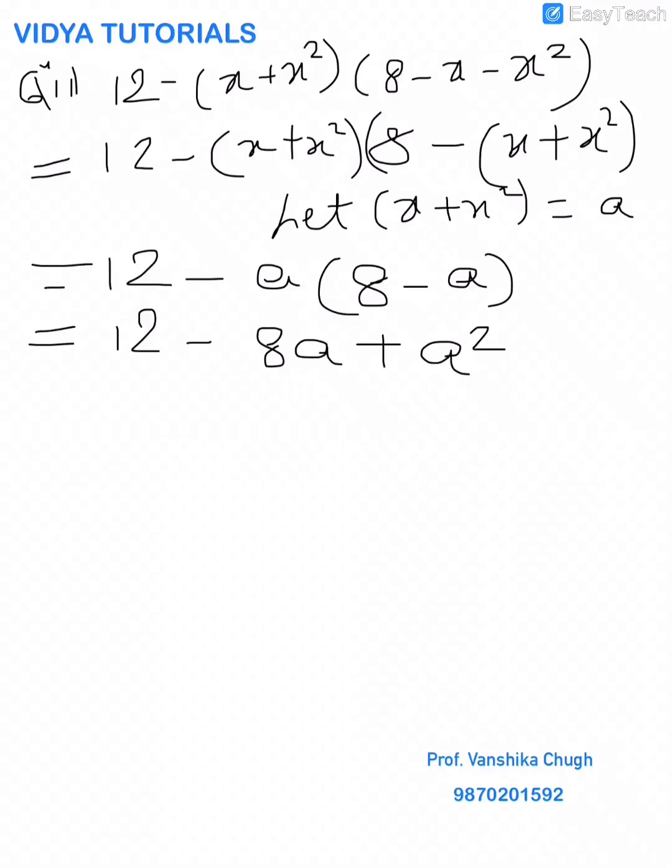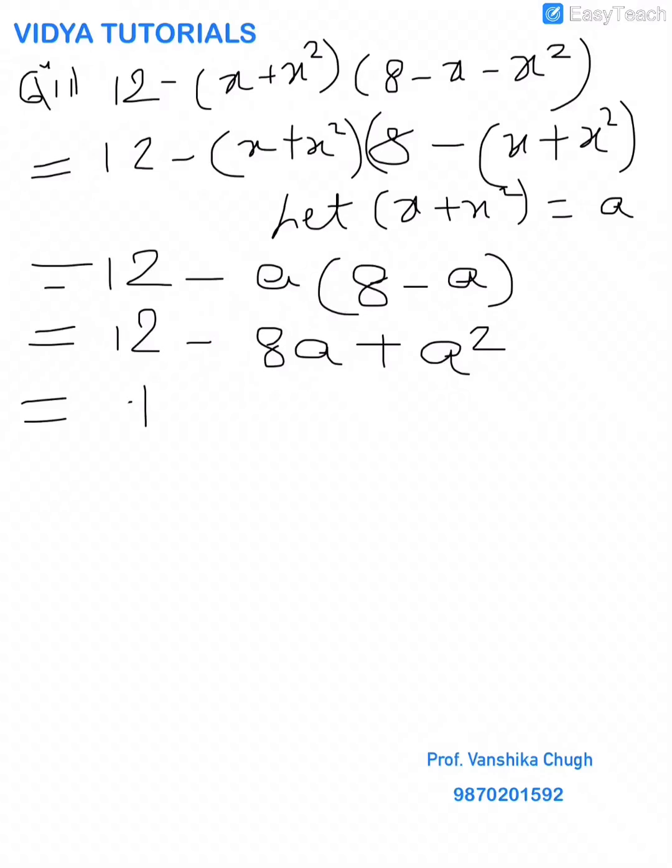Now this has become my trinomial, which I can solve by splitting the middle term. The product should be 12 and they should add up to the sum. Since it's plus, the sum should be 8. Think about two numbers whose product is 12 and add up to 8. So I get the numbers 6 and 2. Since it's a minus sign and it's a sum, the minus sign will go to both the numbers.